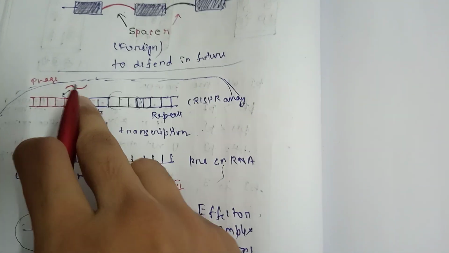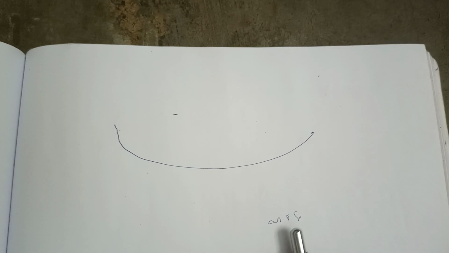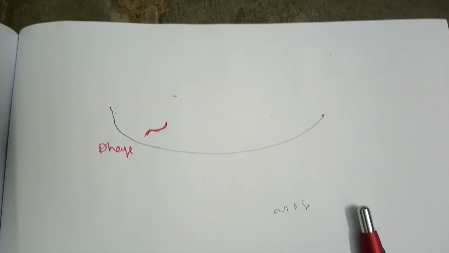Okay, so let's say this virus is infecting this bacteria again, and remember, this bacteria now has this effector complex, right? So let's say this is the cell, and now there is a phage, this is a phage virus.